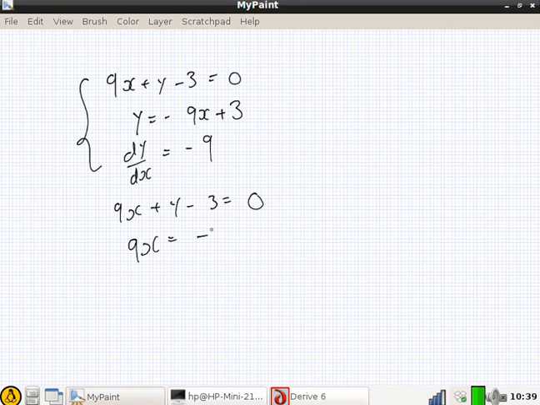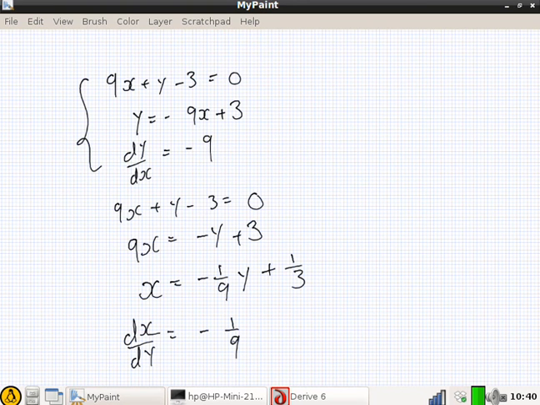So here you would get 9x equals minus y plus 3. So what does x equal? Minus 1 over 9 y plus 1 over 3. So then what would dx/dy equal? Minus 1 over 9. Now look at this answer and look at this answer. They're very, very similar, aren't they?